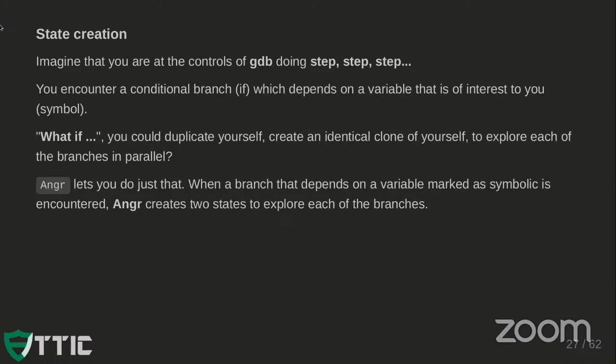So what if you could duplicate yourself like Agent Smith in Matrix? Then you have the two of you, exploring the paths in parallel. Anger lets you do just that. If Anger encounters a branch, it will create two states and explore both paths at the same time.